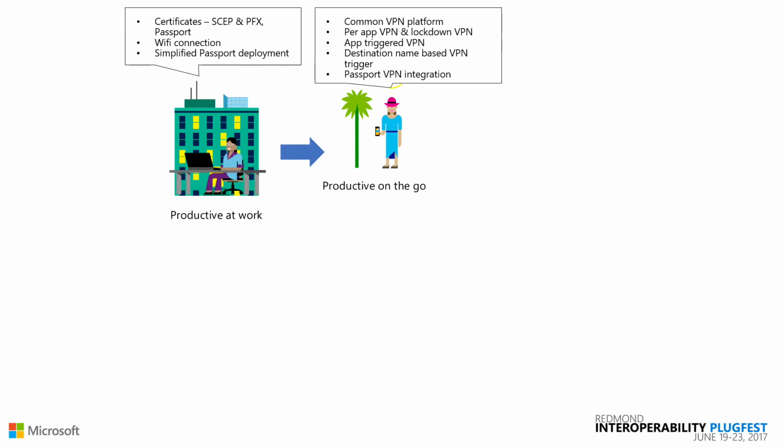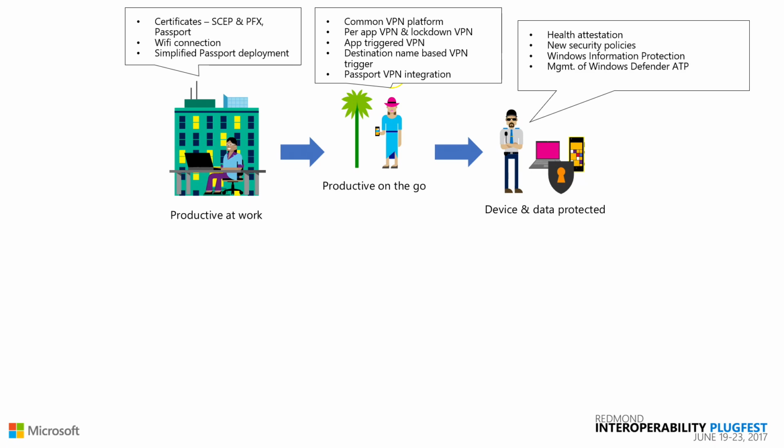And then if I need to be on the go at work, I get things pushed down like VPN. There's per-app VPN functionality. Again, Password or Hello for Business and VPN integration come down. It basically can configure my device so that I can take it and go anywhere, really.